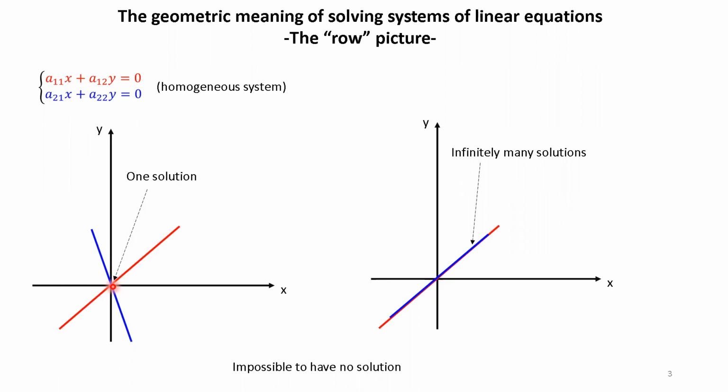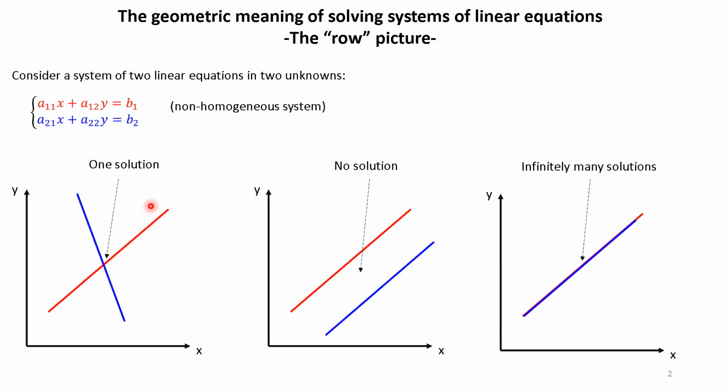Also, can you have a finite number of solutions that is greater than 1? That's also not possible, because these three cases already summarize everything that's possible. You cannot have two straight lines that intersect at two different points or three different points.